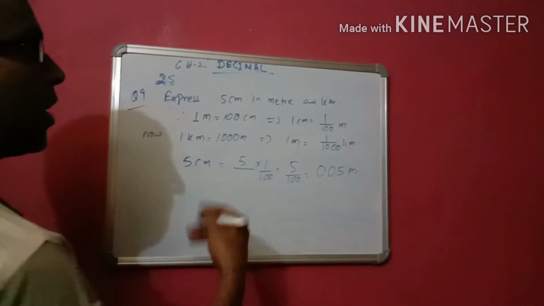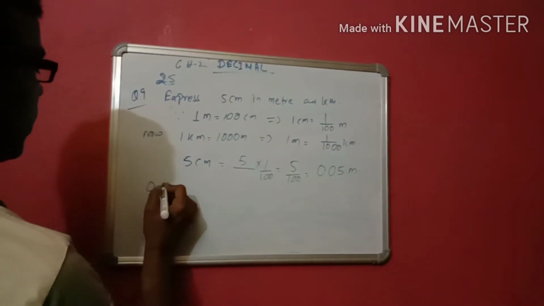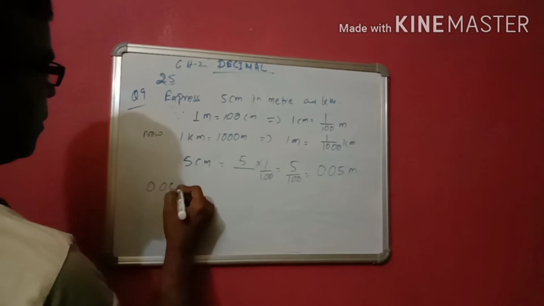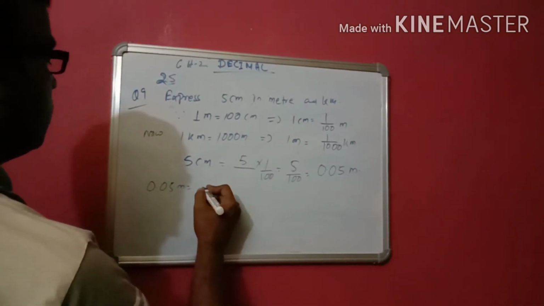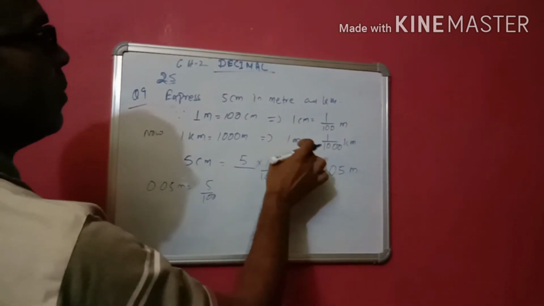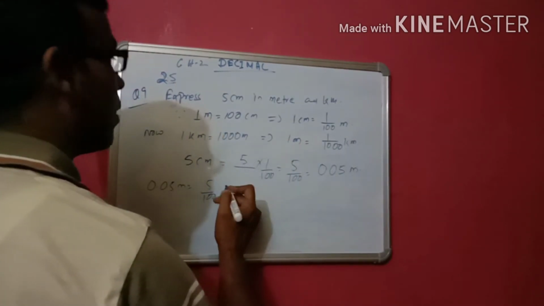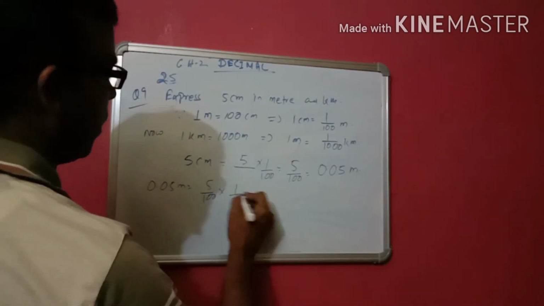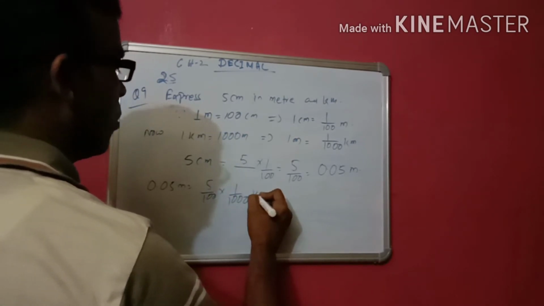Now we have to change 0.05 meter into kilometer. 0.05 meter is 5 by 100 meter, and 1 meter equals 1 by 1000 kilometer. Simple, 1 by 1000 kilometer.